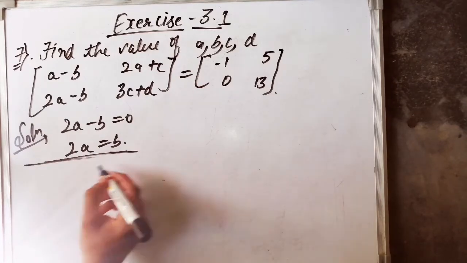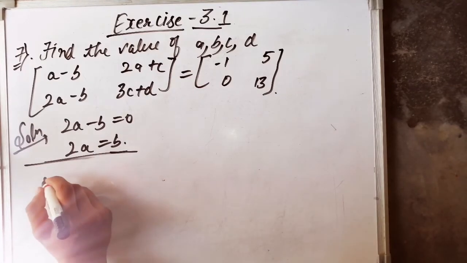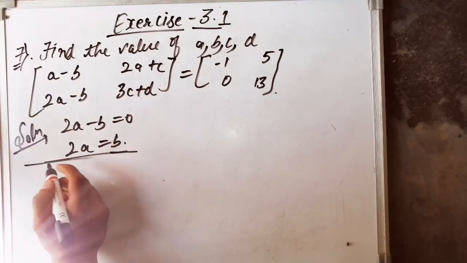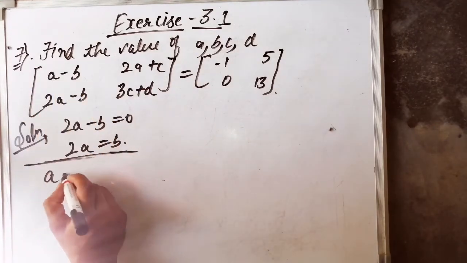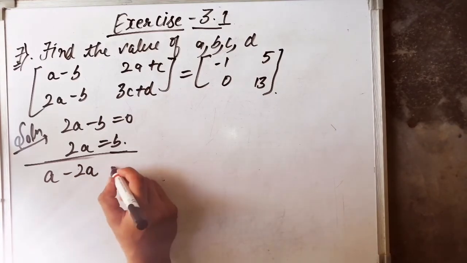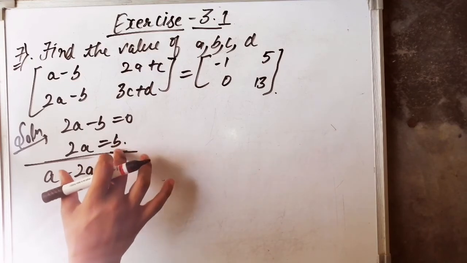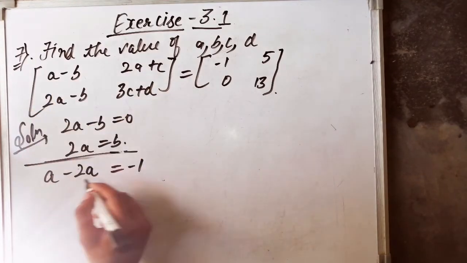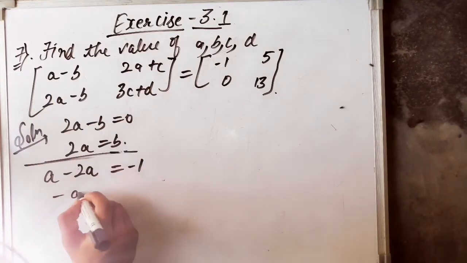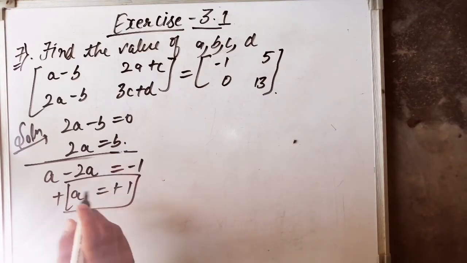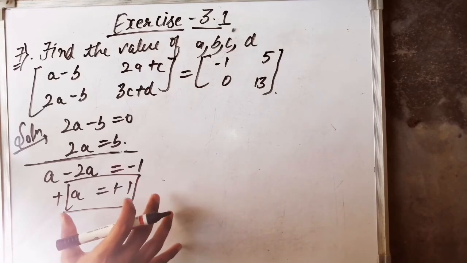I'm making a line here, which means that this is different from the a minus b. a minus 2a equals minus 1. I have simply put the value of b here. So minus a equals minus 1, and from here we have the value of a, which equals 1.